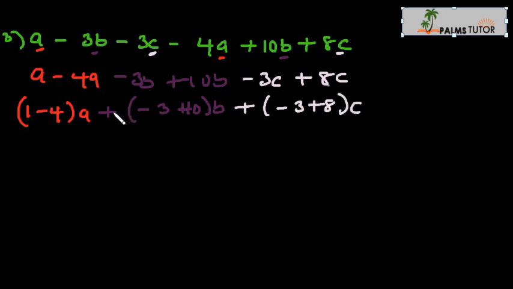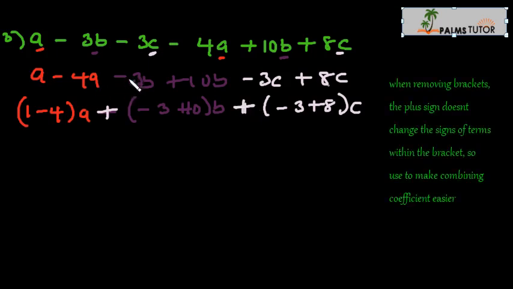If you notice, I wrote plus in all the instances. You would have expected me to write minus here, but because I'm adding all of them together, what I'm just trying to do is to combine these coefficients. There's another fast way to do that, which I will do straight. Now let's add this together. 1 minus 4 is minus 3, multiplied by a is minus 3a.